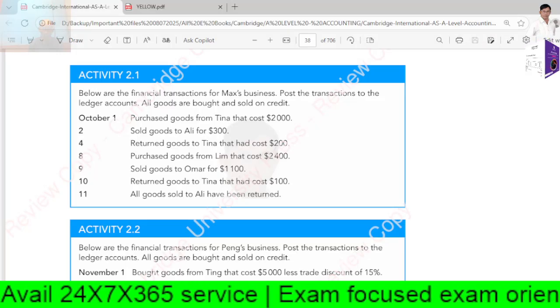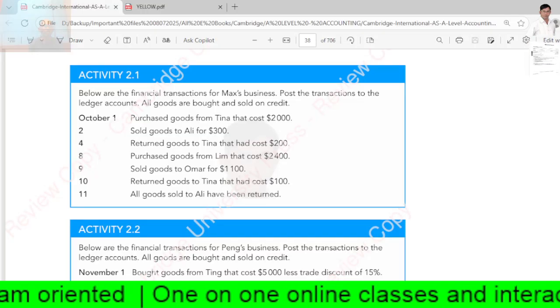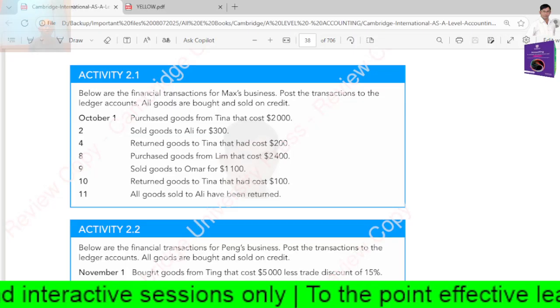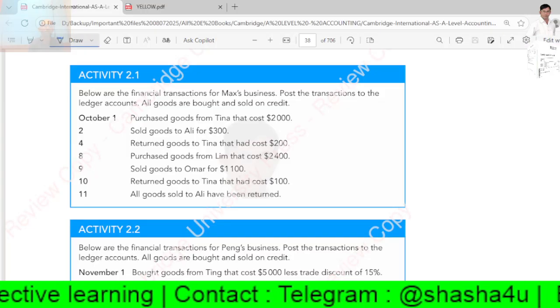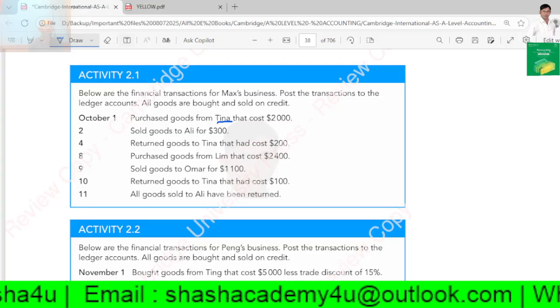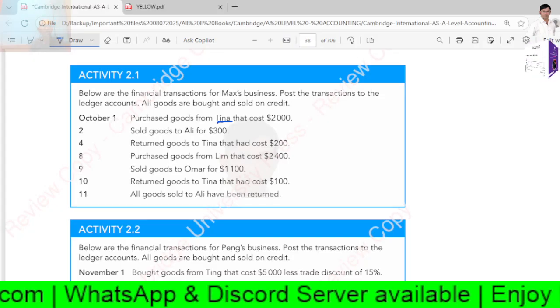What is the main concept? Basically we need to know the personal account, whether this account is receiving or giving.